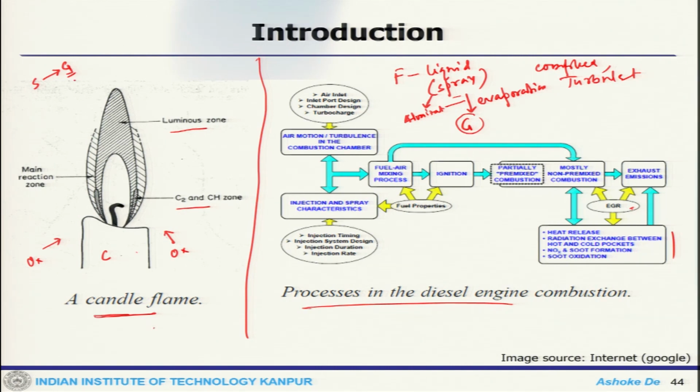In one case your solid has to go to gas and then burn; here your liquid has to go through the atomization process, then evaporate and finally form fuel gas, and then the burning takes place. So this is clearly an example of a multi-scale, multi-physics problem. That gives you an idea about how turbulent, real-life problems differ from the simple problems.